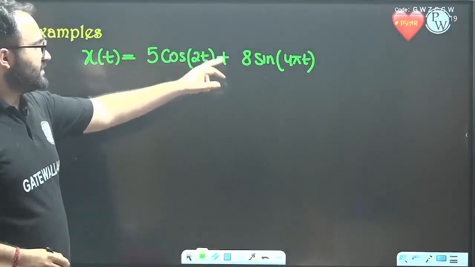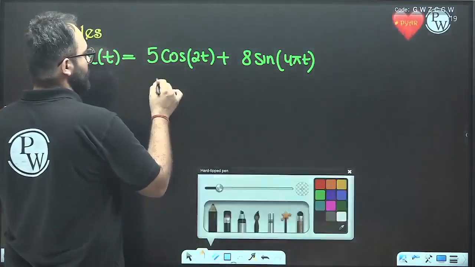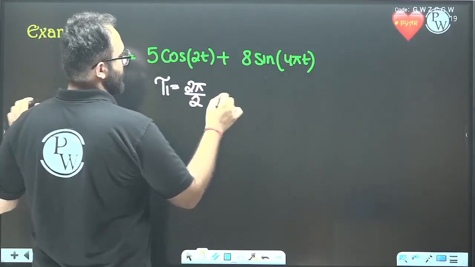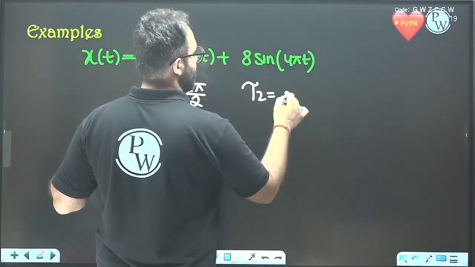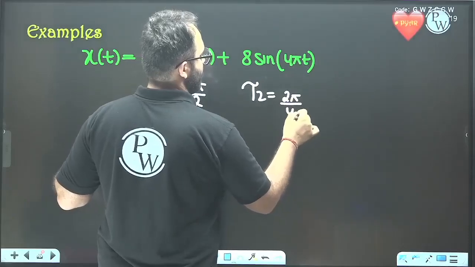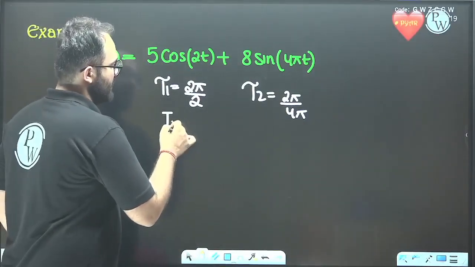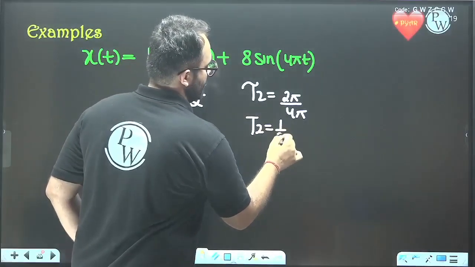So we know that all these are always periodic. T1 is 2 pi by 2 and T2 is 2 pi by 4 pi. Okay. Now here we can see that T1 is equal to pi and T2 is equal to 1 by 2.